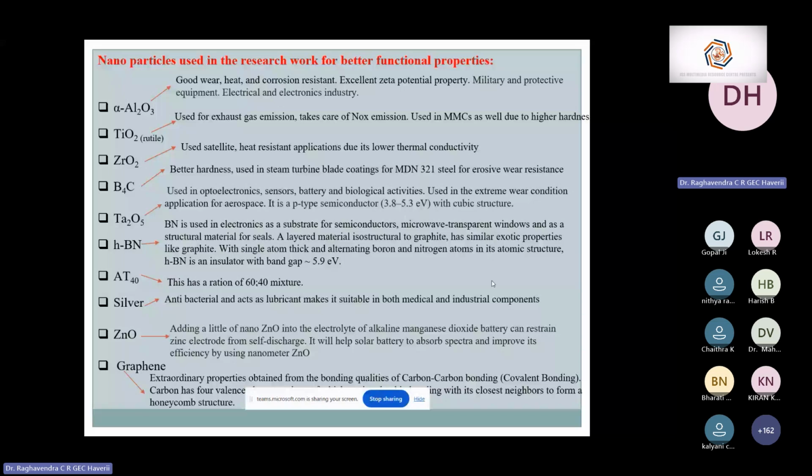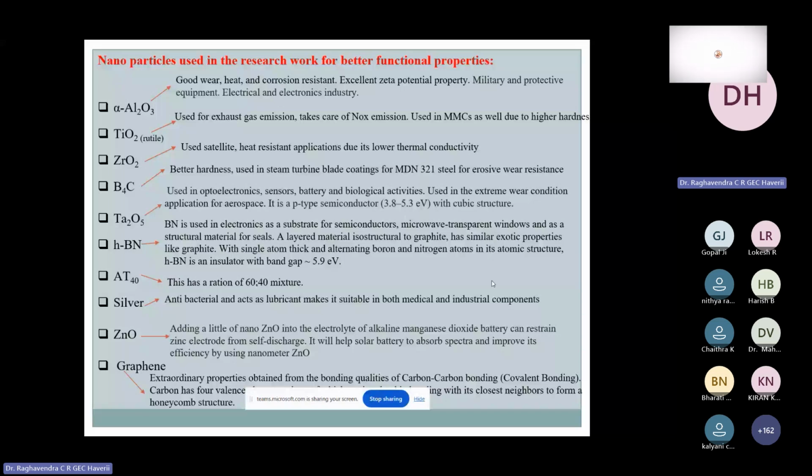I'll come to that later on with the literature as well. The zinc oxide: adding a little nano zinc oxide into the electrolyte of an alkaline manganese dioxide battery can restrain the zinc electrode from self-discharging. This is an application in the field of batteries.